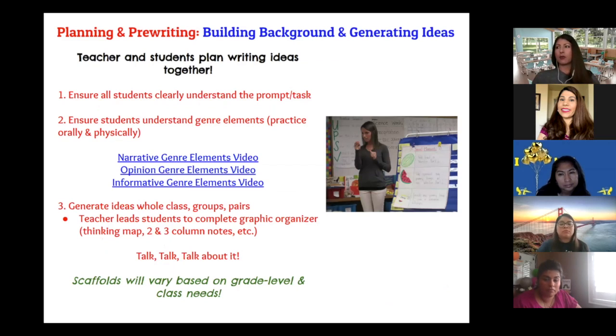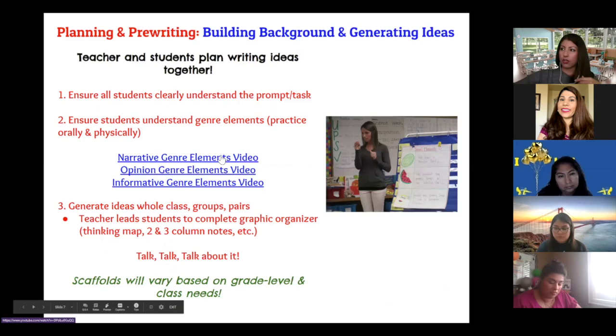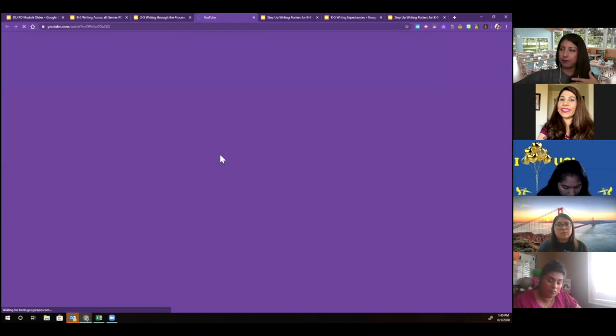Then the next step would be for the students to remember what are the elements needed in a specific genre. And so we have linked and created some videos here of a TPR routine that will show the students what's expected. And so, for example, I'm just going to show you just the narrative one for now.